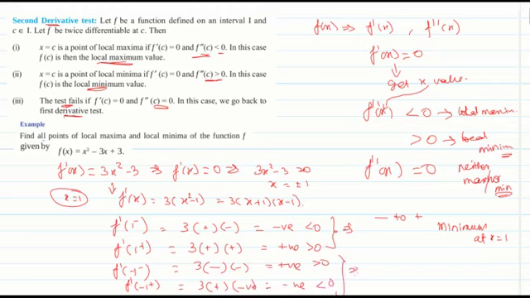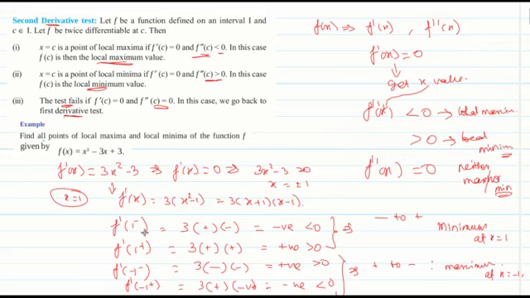Now what is happening in this? It is positive to negative, so we can say it is a maximum at x is equal to minus 1. So this is how we find the points of local maxima and local minima using the first derivative test.